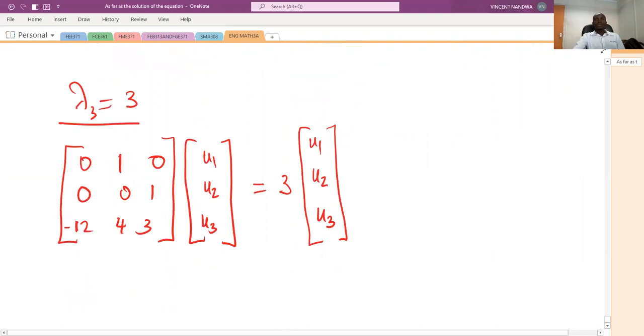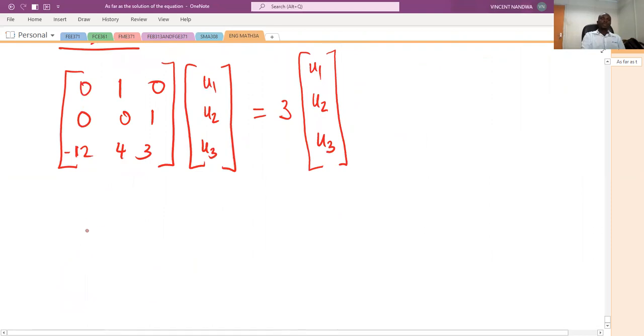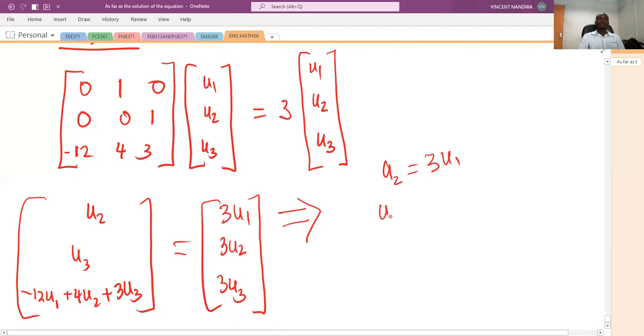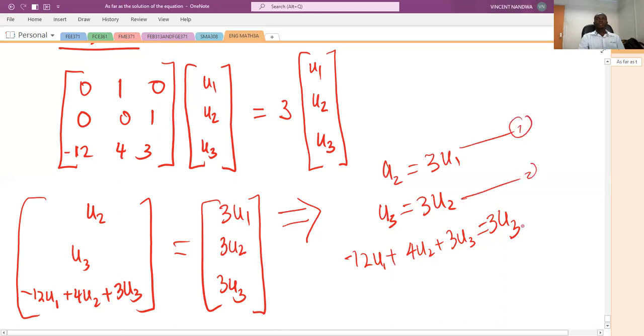So simplifying, we'll have u2, u3, minus 12 u1 plus 4 u2 plus 3 u3, which will give us 3 u1, 3 u2, 3 u3, from which u2 is 3 u1, u3 is 3 u2, and then minus 12 u1 plus 4 u2 plus 3 u3 is 3 u3. Equation 1, equation 2, equation 3.